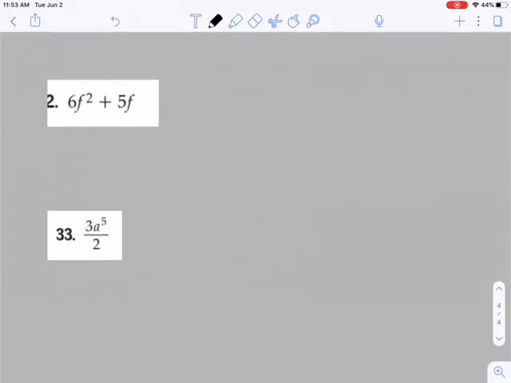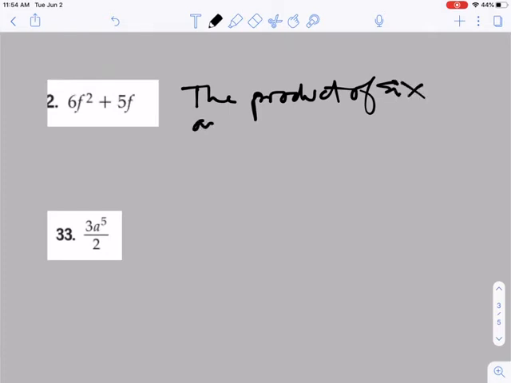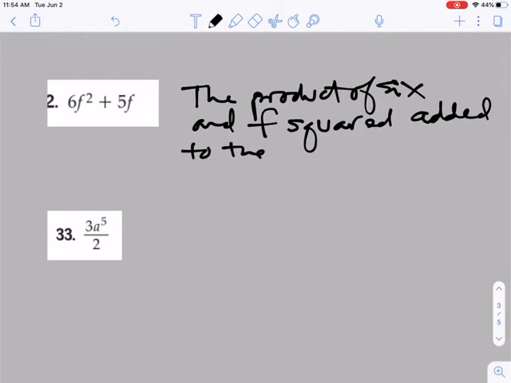All right, so these last couple are a little more complicated, but again, break it down. So you could say the product of 6 and f squared added to, let's say, I could say the product again, but let's just say added to 5 times f.